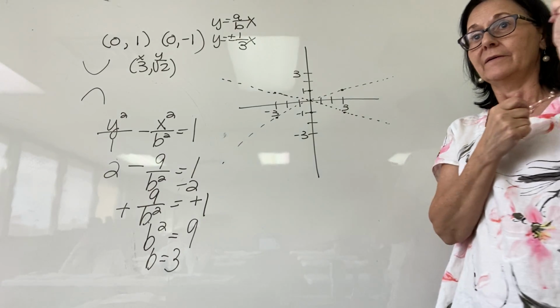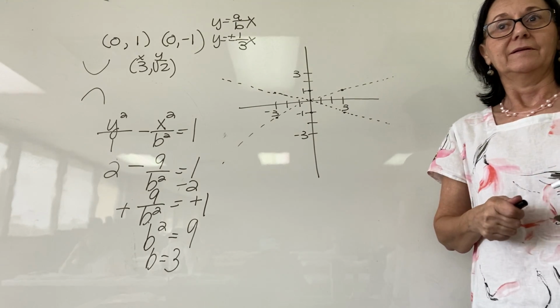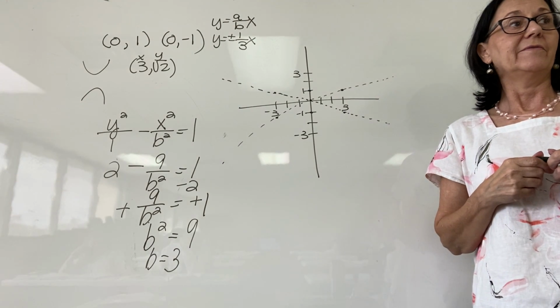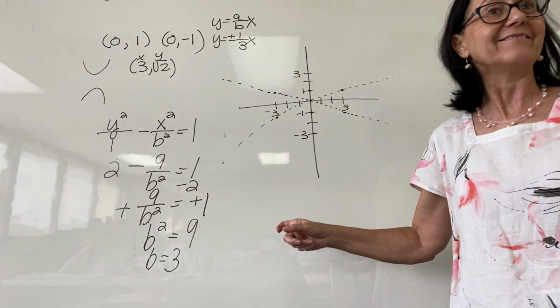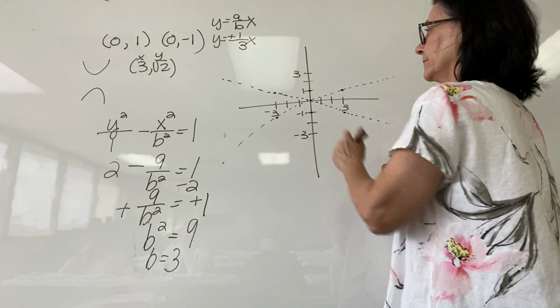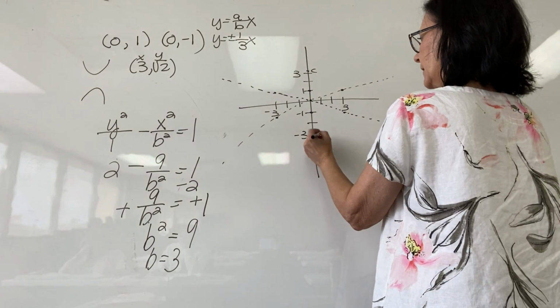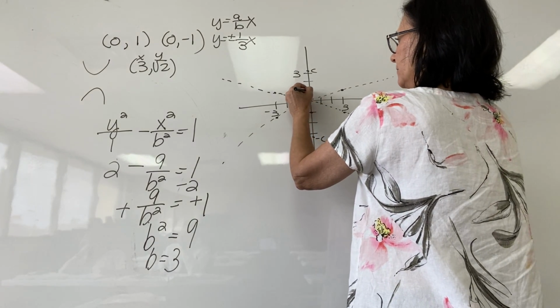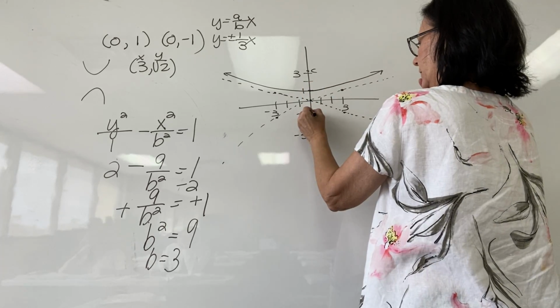Wait, what was that A again? 1, B is 3. Oh, A squared plus B squared. Square root of 10, right? Which is just past 3. So that's going to be my C value. All right, but my hyperbola is going to be this wide, very wide hyperbola.